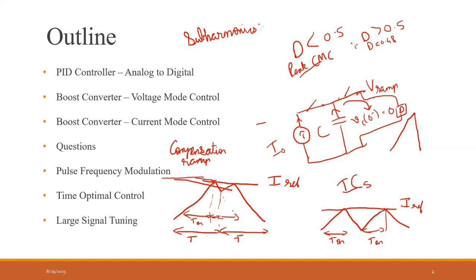So with a suitable selection of slope for the compensating ramp, it will eliminate these subharmonics. By making this ramp, we are trying to make the on time equal.